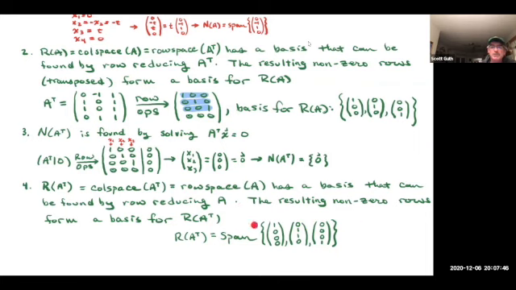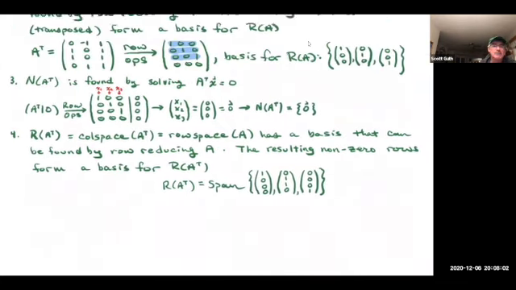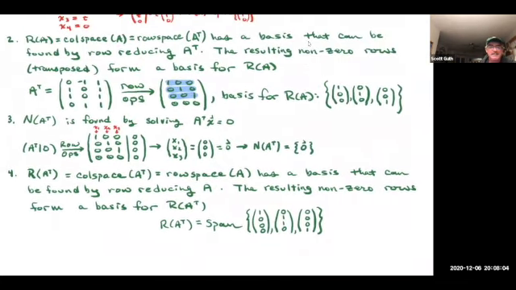I'm just going back to the original matrix A. These rows here, 1, 0, 0, 0, 0, 1, 1, 0, and 0, 0, 0, 1, those are a basis for the row space of A, which is the same as the column space of A transpose, and that's these vectors. I wrote them as columns, but because it's a column space of A transpose, whatever. These are just the rows of A when we row reduced it. So there's a lot to remember here, but there's actually not that much work, and some of it was redundant.